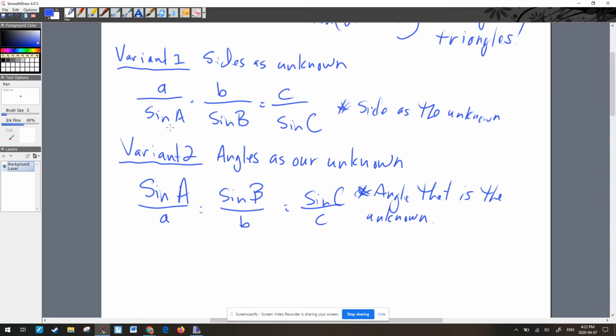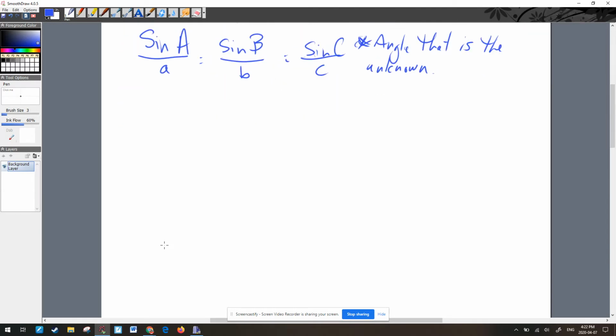Now, notice that it's not position that matters. It's not like the numerator is always uppercase or lowercase. The uppercase is always going to be bundled with the sine, and the lowercase is always going to be singular. It's not going to have an operator on it. So that takes me to a little bit of an aside.